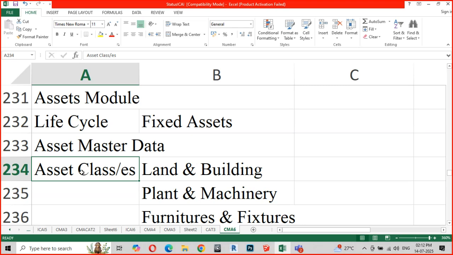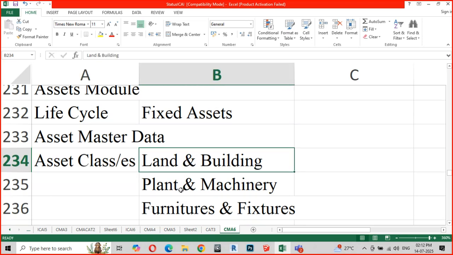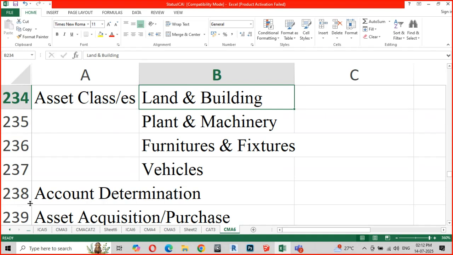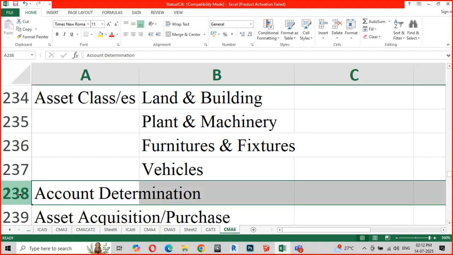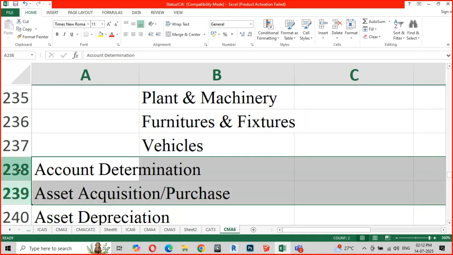Now, as a part of the standards, SAP has already provided you with the standard asset classes. You have land and building, plant and machinery, furniture and fixtures, and vehicles.